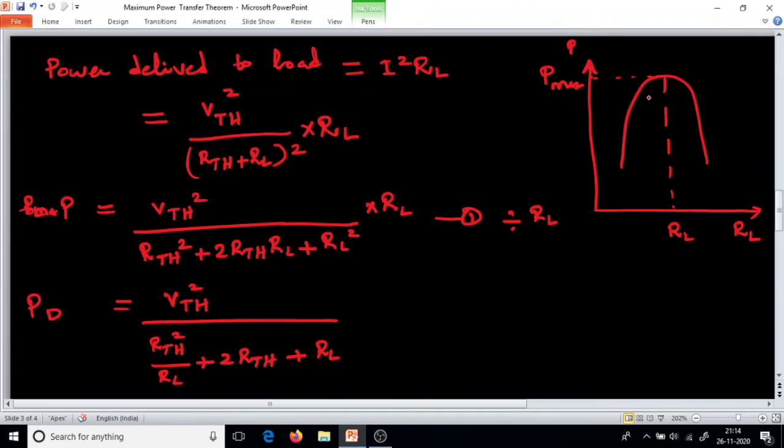This is the power delivered to the load. Now if we draw a tangent at this point, the slope of the tangent is equal to 0. So at this point, the derivative at P max is equal to 0.